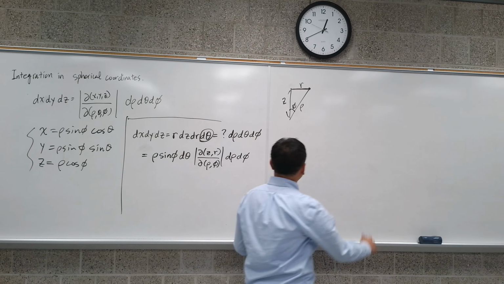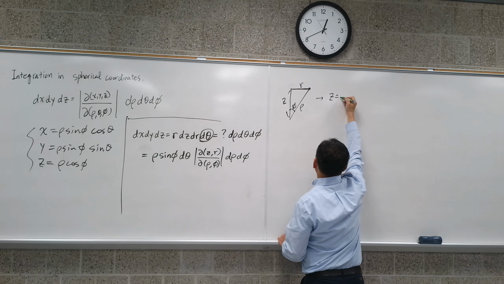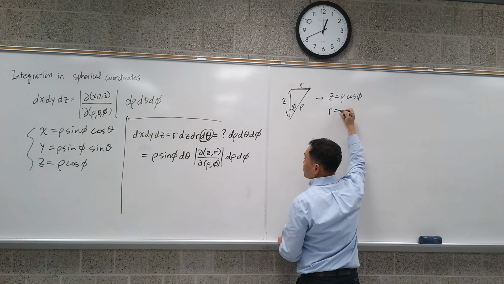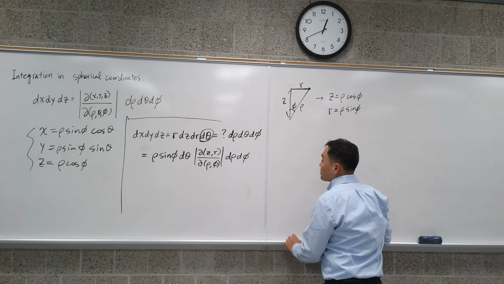And from here, we can get the relationship between r, z, and rho, phi, which is z is equal to rho cosine phi, and then r is equal to rho sine phi. Okay, so that makes it easy.